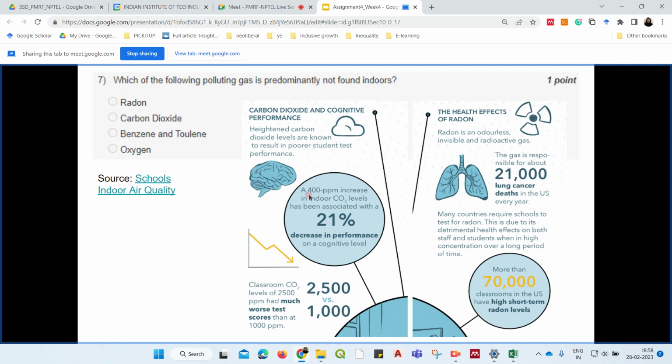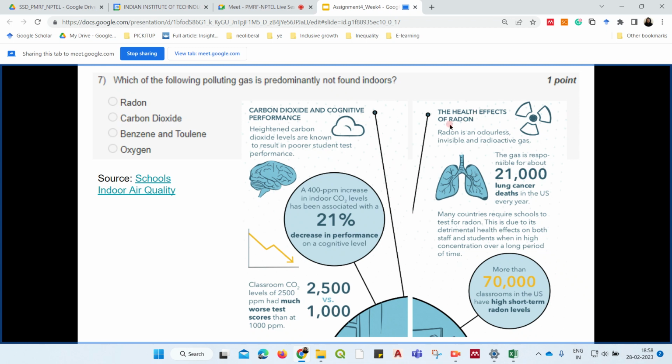It also shows that a 400 ppm increase in indoor carbon dioxide level is associated with a 21% decrease in performance on a cognitive level of students. So you can see from this itself that carbon dioxide is among one of the pollutants, and how it negatively affects the health of residents or occupants of that particular indoor space.